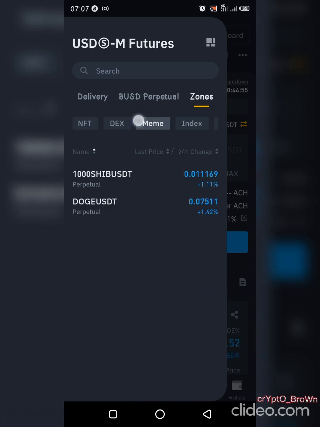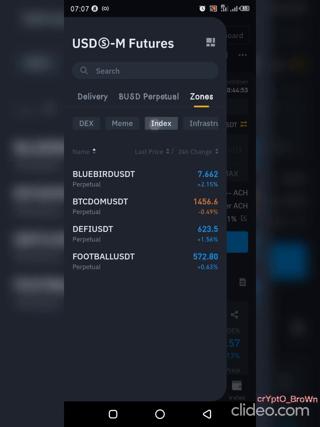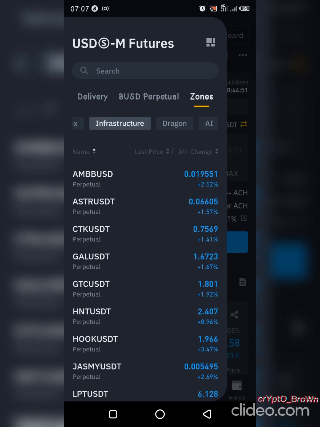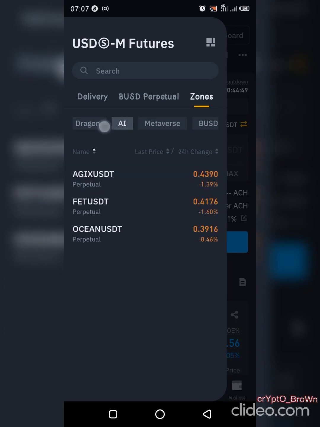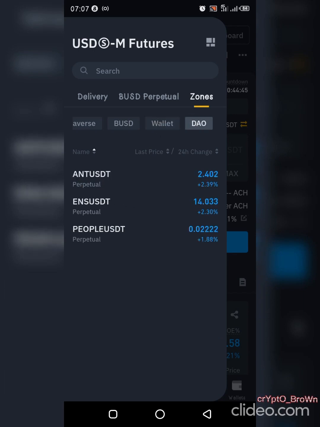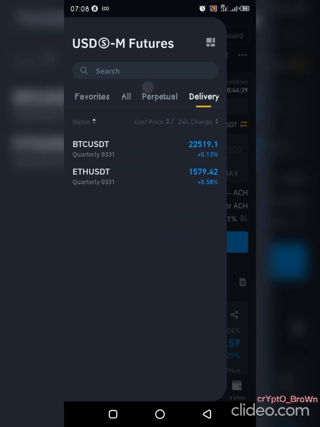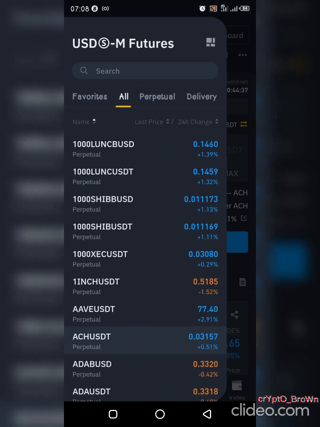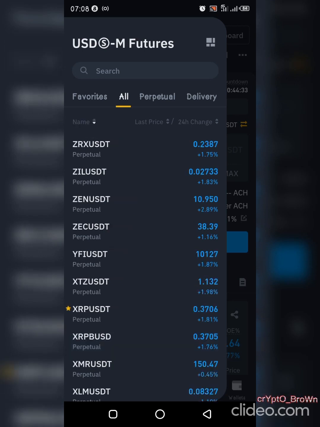We have meme coins over here. We have index, infrastructure, dragon, AI, metaverse, BUSD pairs, wallet pairs, and DAO. So all these are the zones that are available, but usually you need to make sure that it is on the All tab.